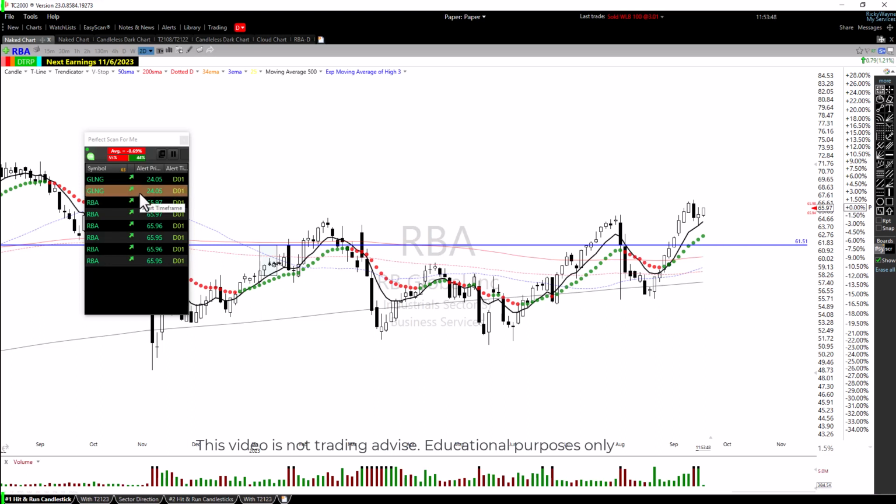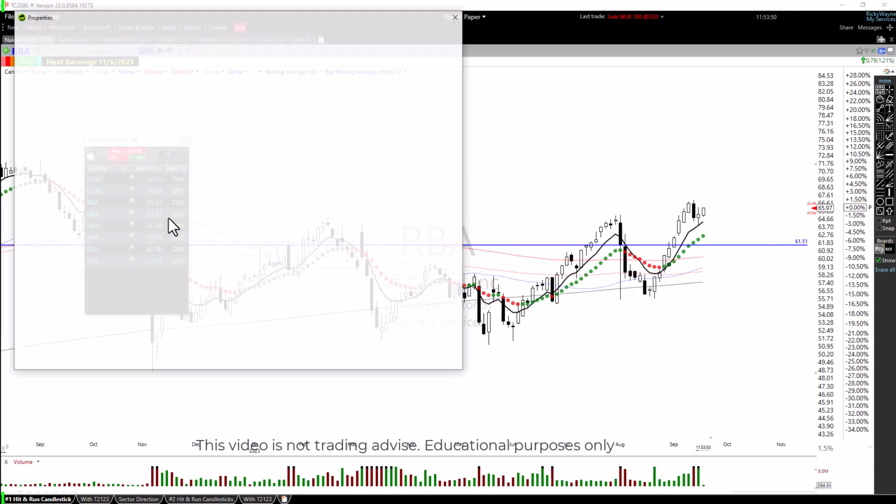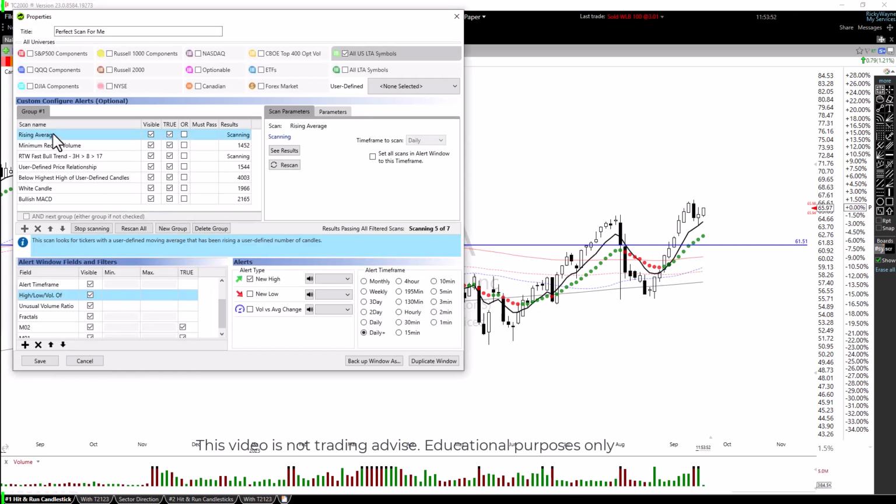What about bearish? It's the exact same thing, just opposite. I want a falling moving average. I want still volume, and there is a bearish Road to Wealth Fast. I want price relationship to be below the trend indicator, and I want price to be above the lowest low.